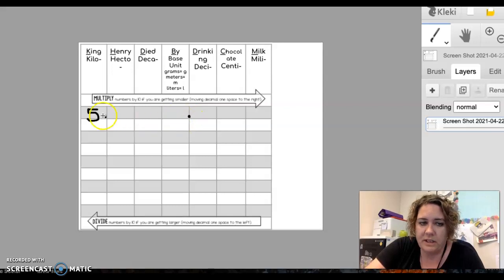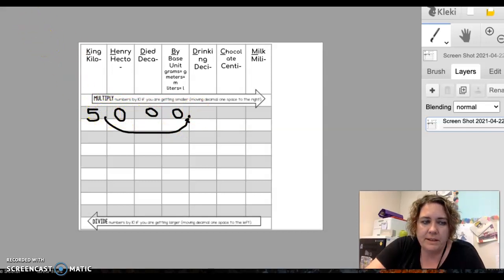So I've shifted it 10 times 10 times 10 places, and I go from 5 to 5,000. So I no longer have just 5. I have 5,000, and this has just shifted clear over to here. Does that make sense? So that's what that would look like.